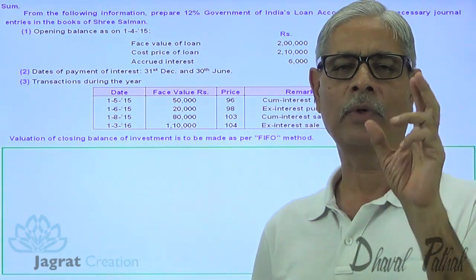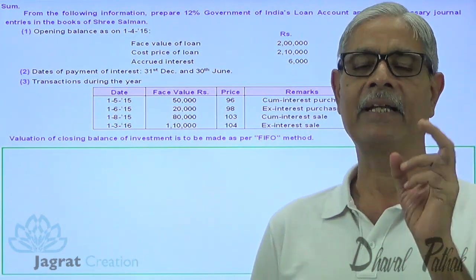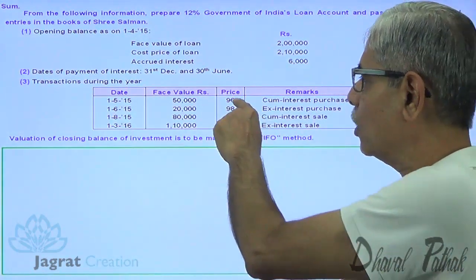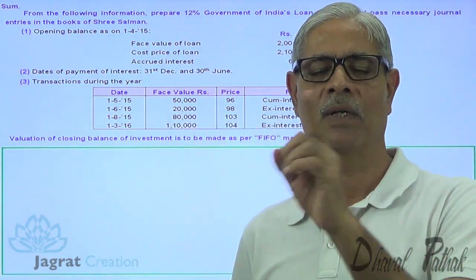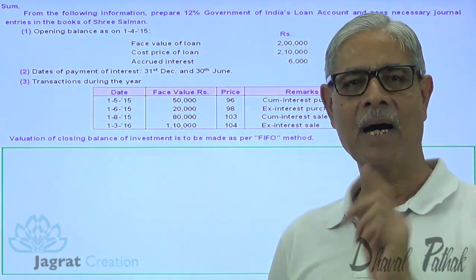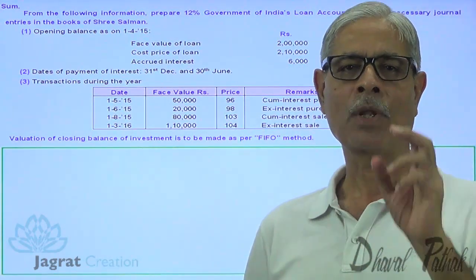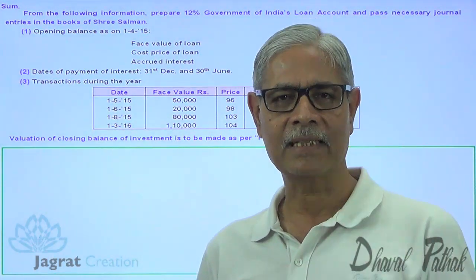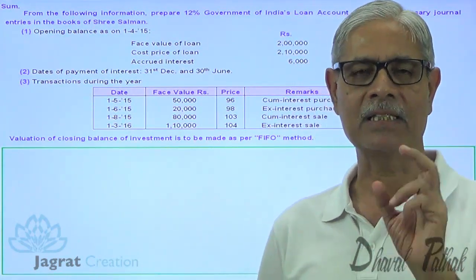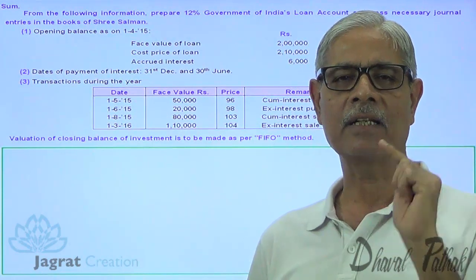Now we are required to calculate the interest for that period. If that interest is a part of price, then it is known as cum-interest price. If that interest is not becoming a part of the price, then it is known as ex-interest price. Even if it is cum-interest or ex-interest, interest exchange takes place for the period from the last date of interest till the date of transaction.